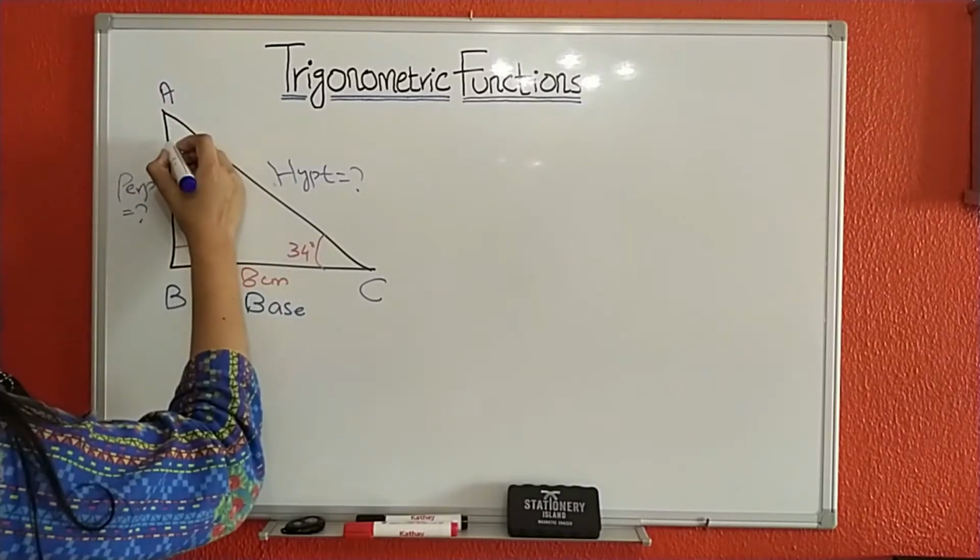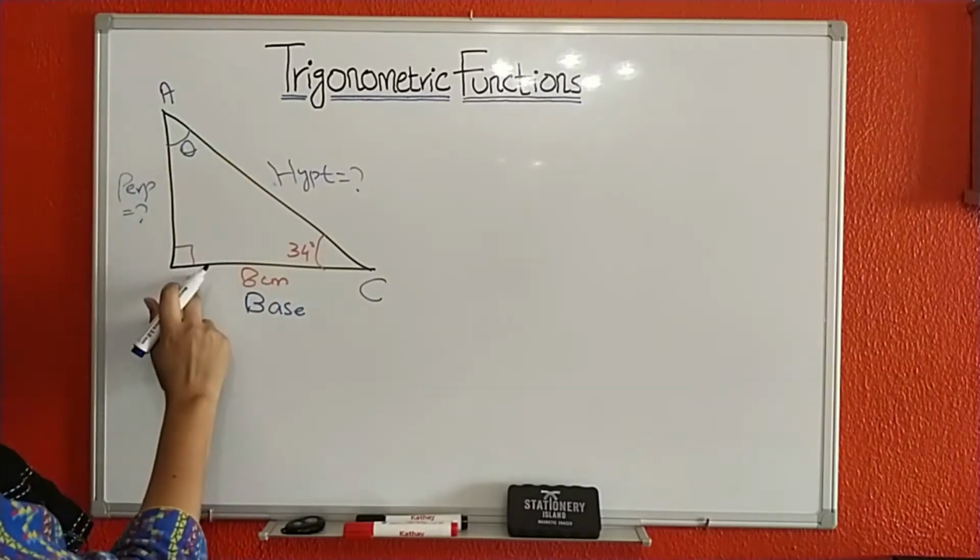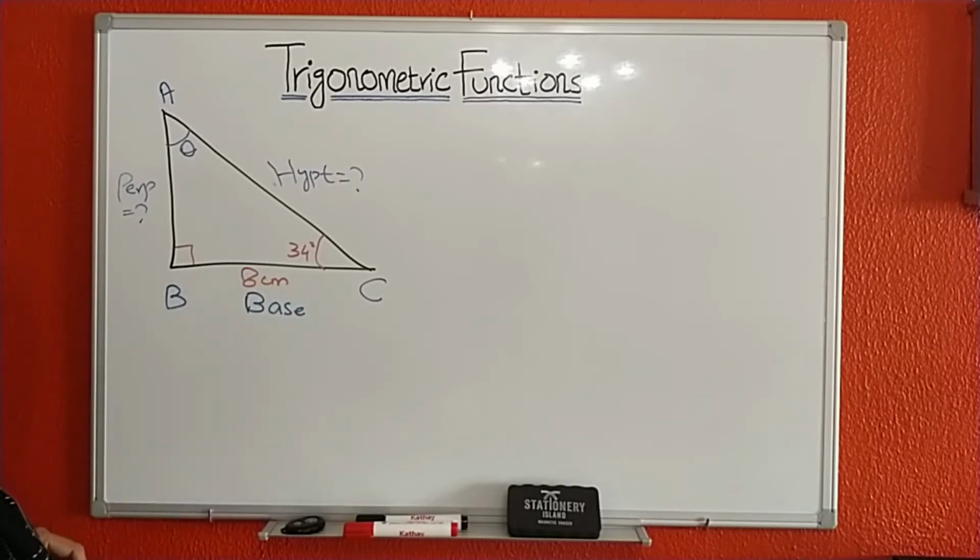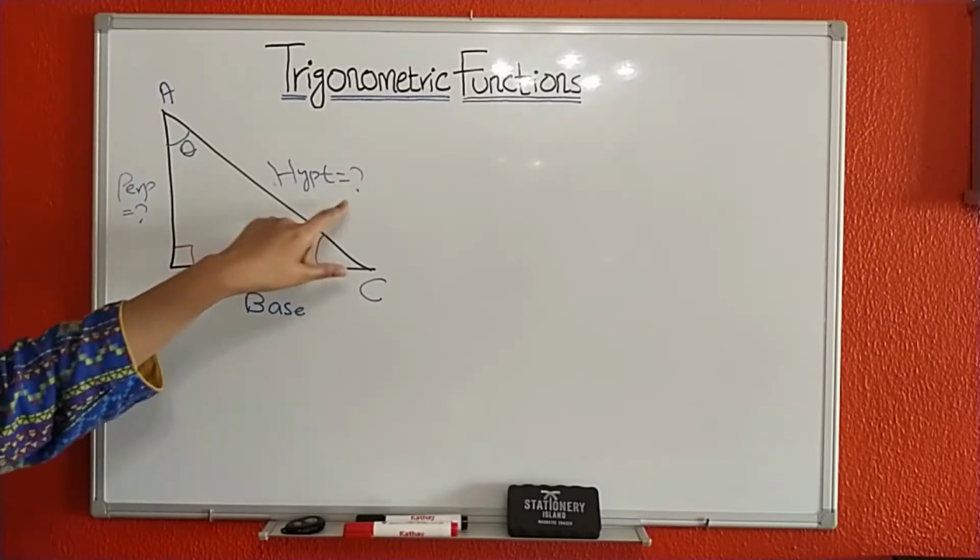Also I don't know the angle of this side, as this side is 90 degrees and this side is 34 degrees. As we solved in our previous video, we had the value of two sides and had to solve the third side, but here we have to find the value of two sides.